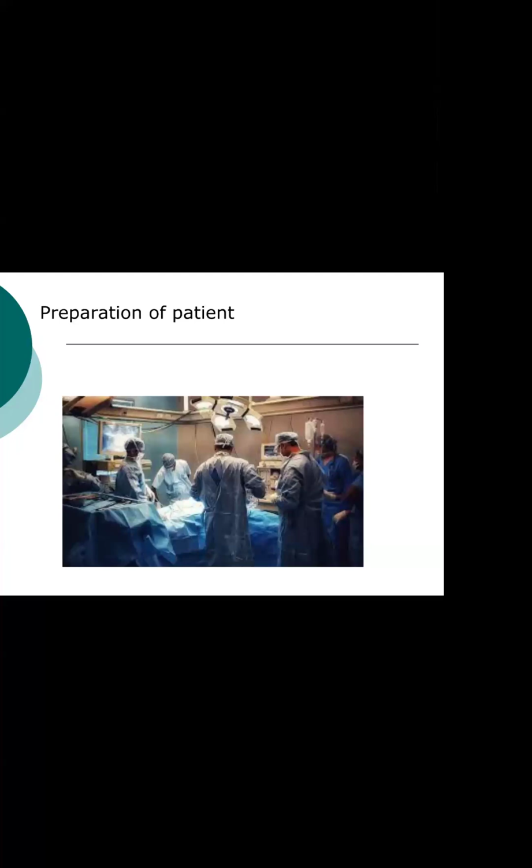Second thing, the dressing, which has to be very strict. Don't expose the dressing open for a long time. And it has to be touched with separate gloves. When the doctor is ready for the procedure, only then remove the dressing. Don't expose the dressing open.